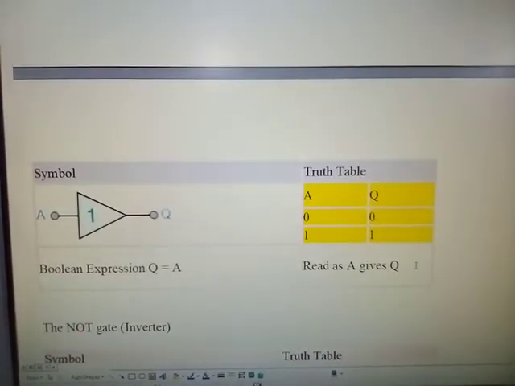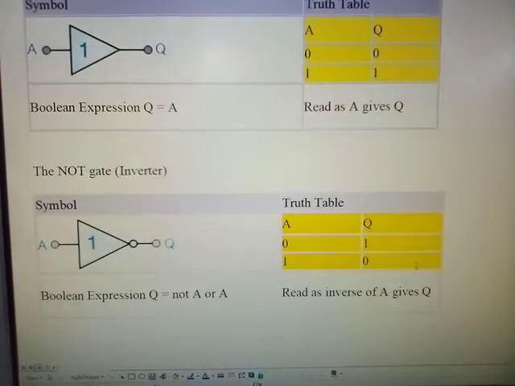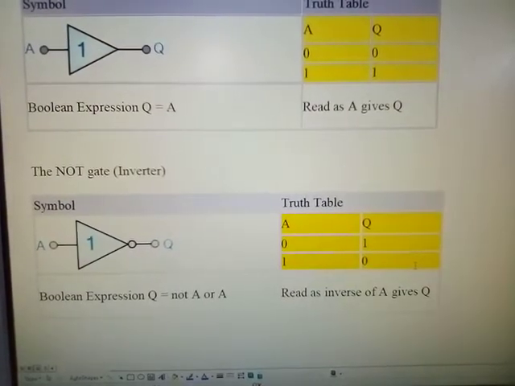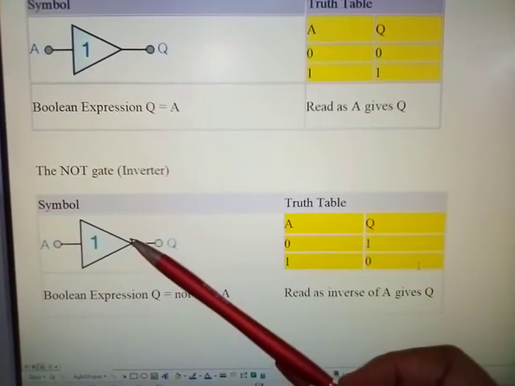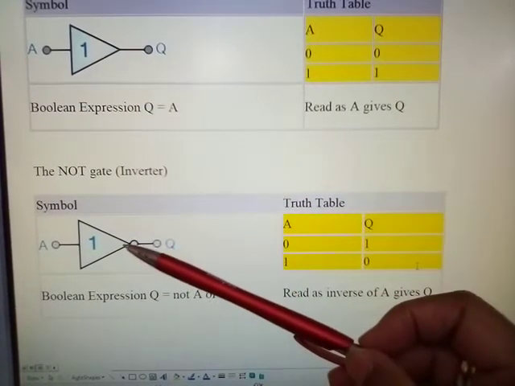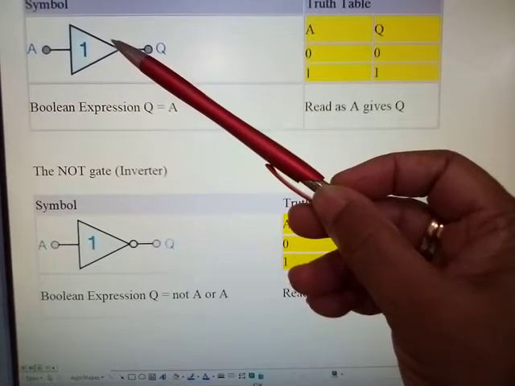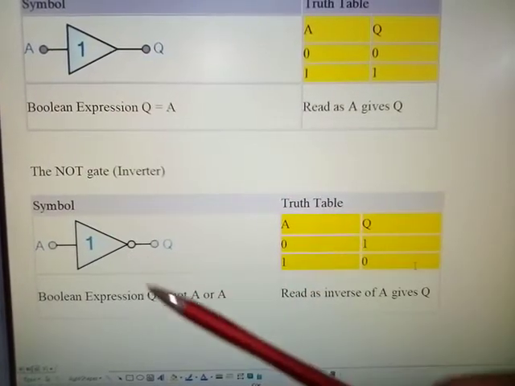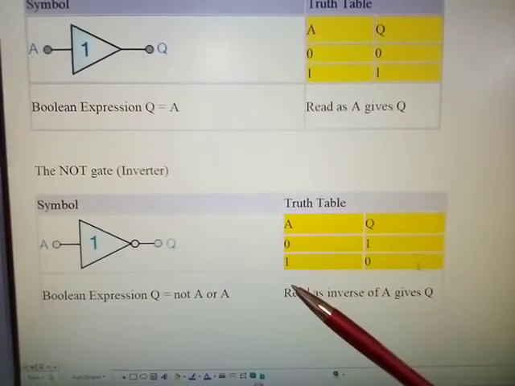But here, as we go on now and we put an inverter into our NOT gate, this now becomes the NOT gate inverter. So here, that's our little inverter from this stage. Okay, so we've put this here, which does not exist here, and that makes a difference. Now that changes our truth table completely.